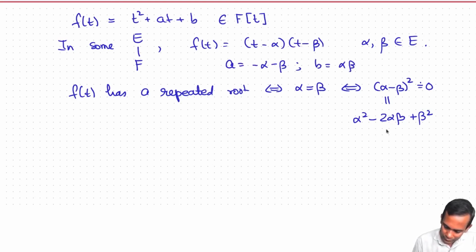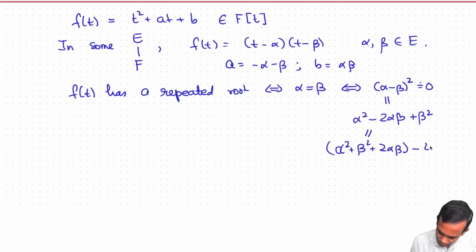Using that, we can expand this in terms of a and b. This polynomial here is alpha squared plus beta squared plus 2 alpha beta minus 4 alpha beta, and that is the same as a squared minus 4b.